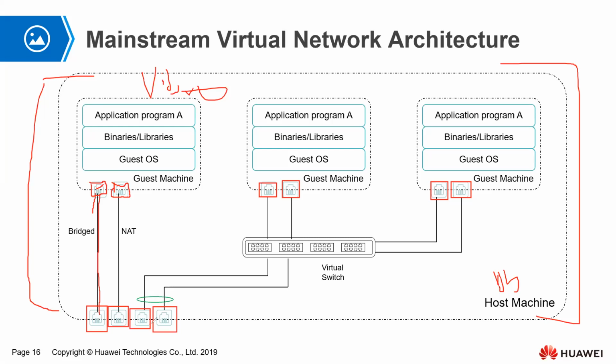It could be this one, that one, or that one. This is just an illustration. So it can connect using the bridged mode, which I was explaining before, and then it connects to, let's say, our switch here. Let me draw it somewhere here.